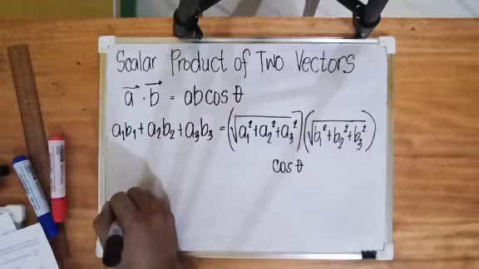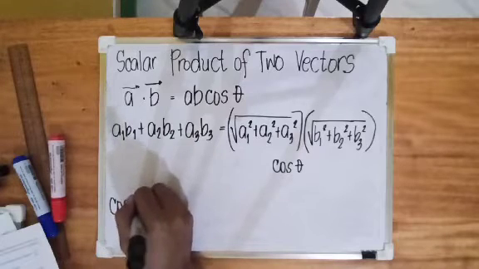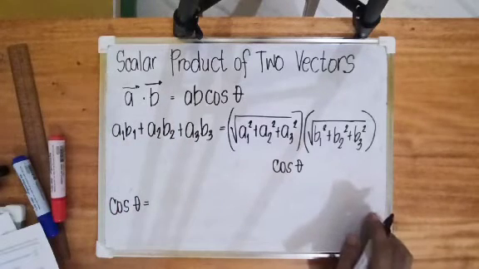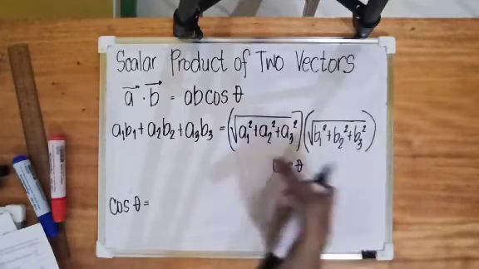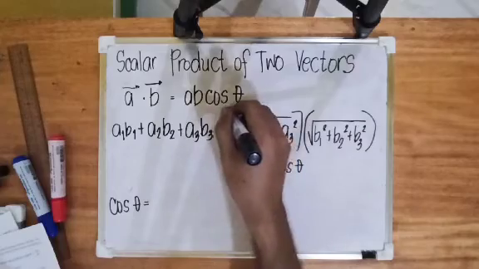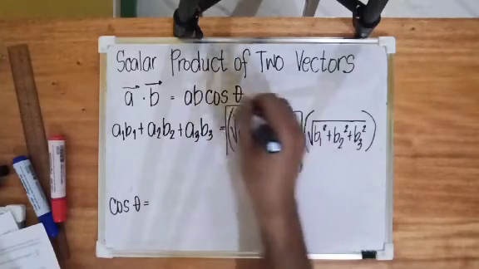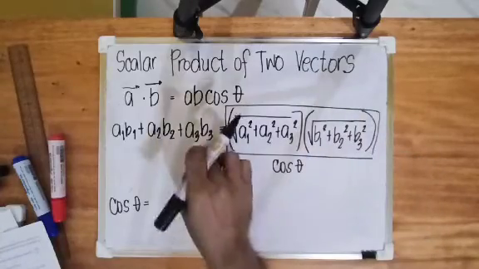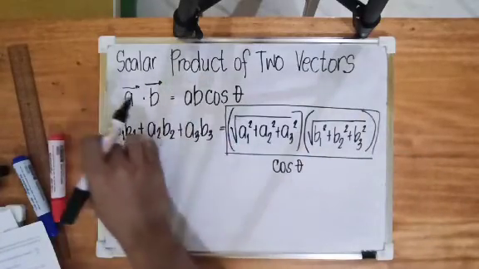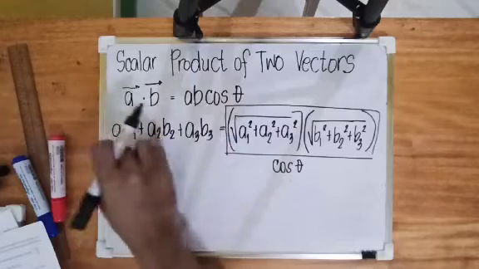To get the value of our cosine theta, we just simply put this value at the bottom.